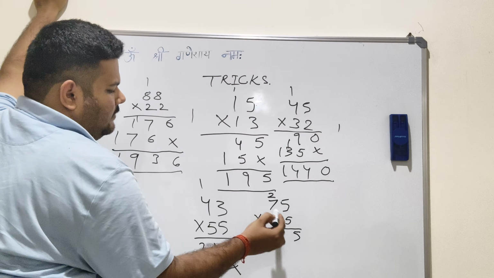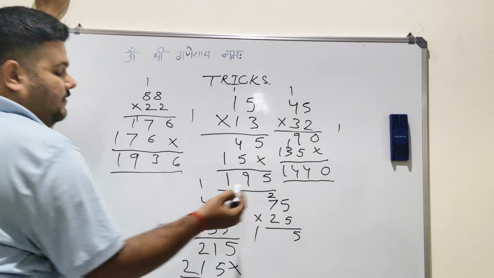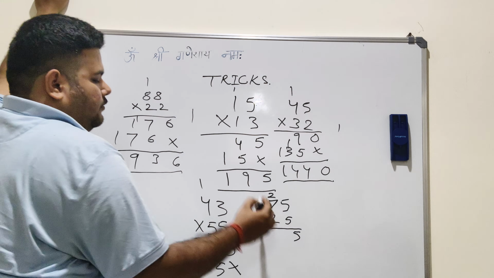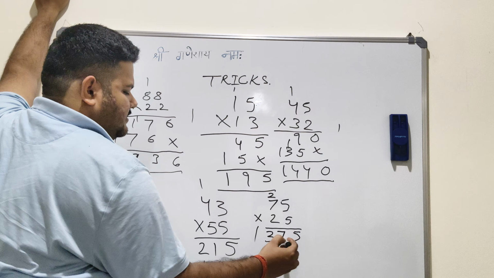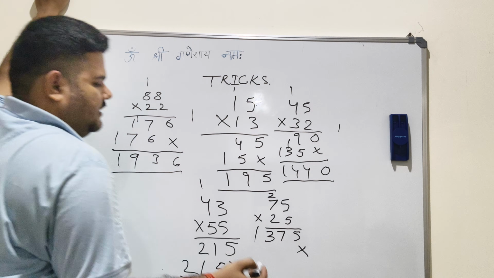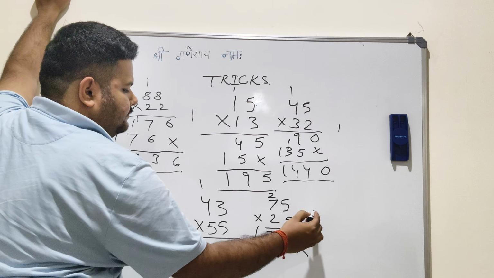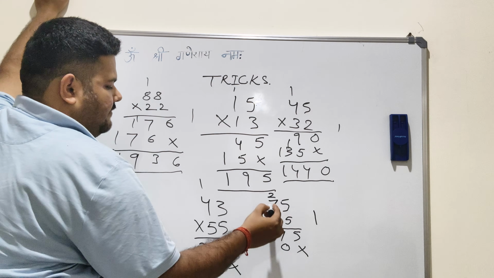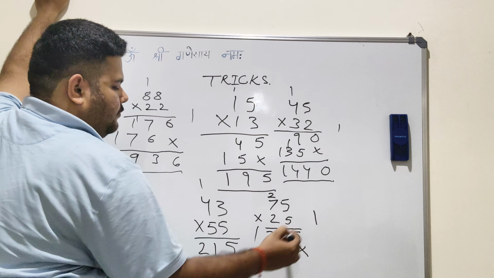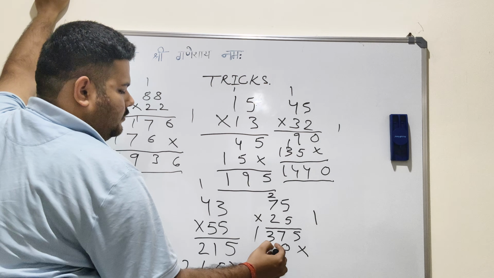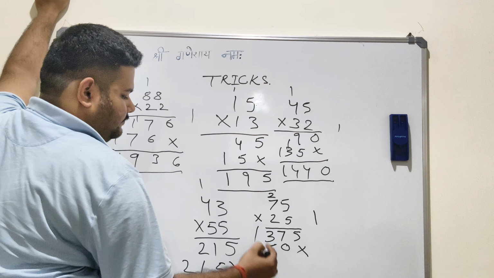Now you need to multiply 7 by 5, so 7 5s are 35. 35 plus 2 would be 37, and you need to put a cross sign here. 5 into 2s are 10, you need to put 0 here and 1 here. 7 2s are 14, 14 plus 1 would be 15, so you need to put 15 here.